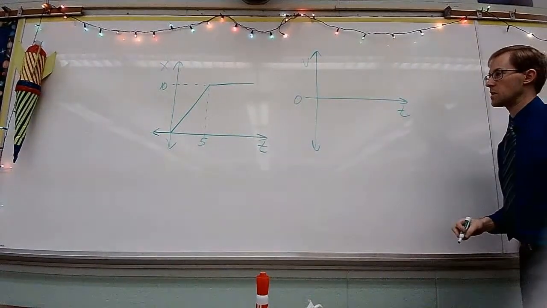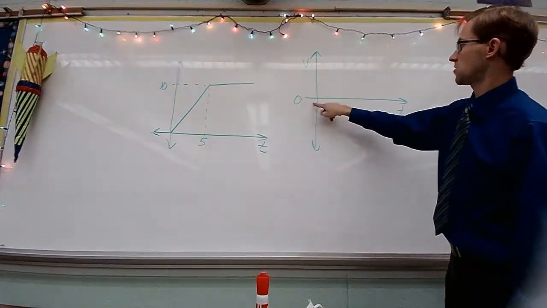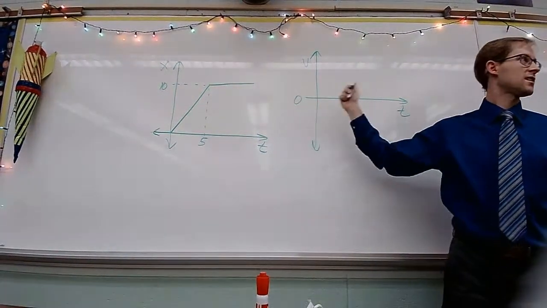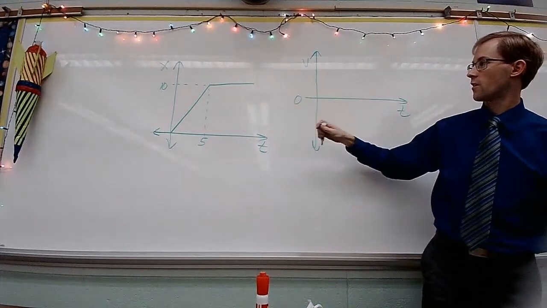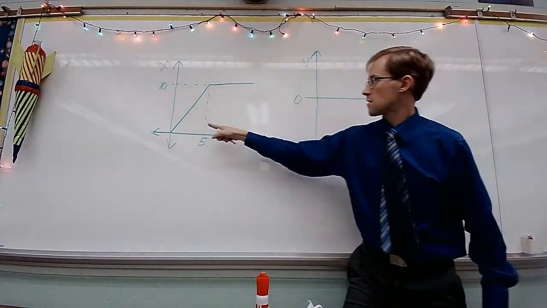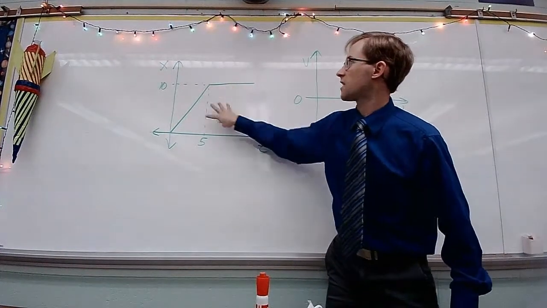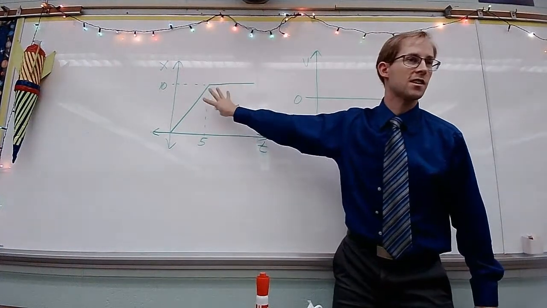This seems intimidating the first time you see it, but that should be the only time you're intimidated by it. Because once you see this, it should be pretty straightforward from here on out. So, this is a position time graph. And what does this tell us about velocity? How do we get velocity out of this?